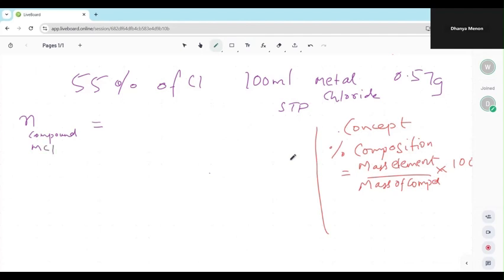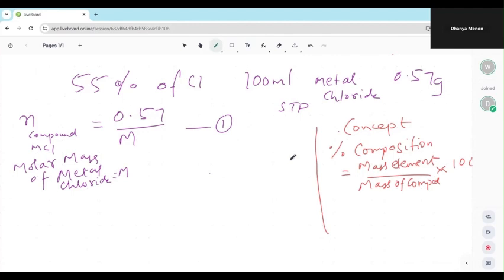I don't know the formula, so I've just written metal chloride, MCl, short form. So it is given by 0.57 by capital M, where capital M is the molar mass of metal chloride. This is equation number 1.